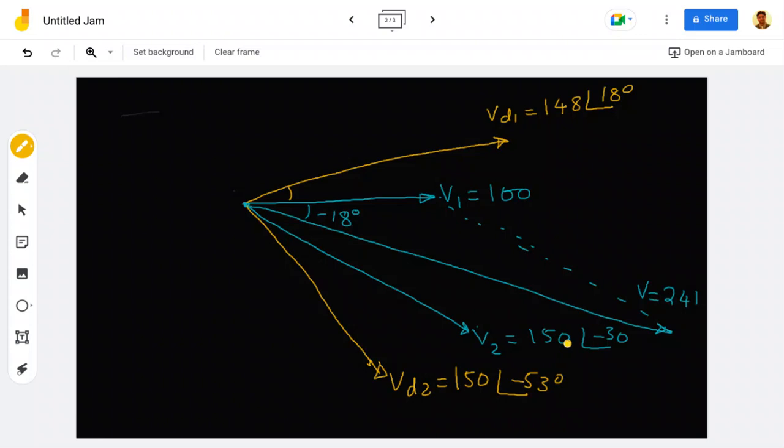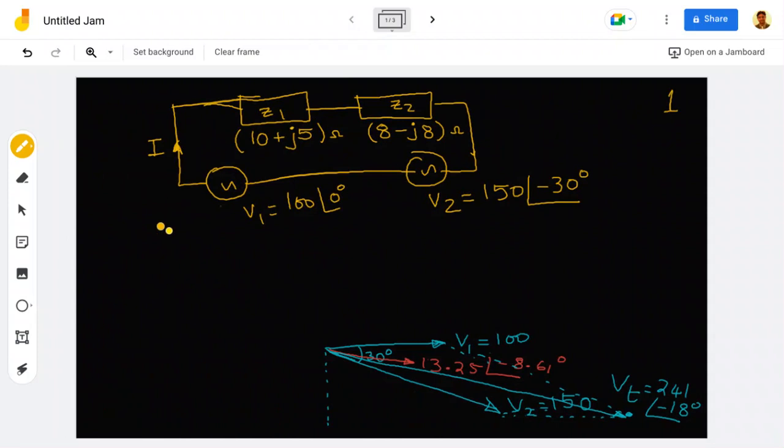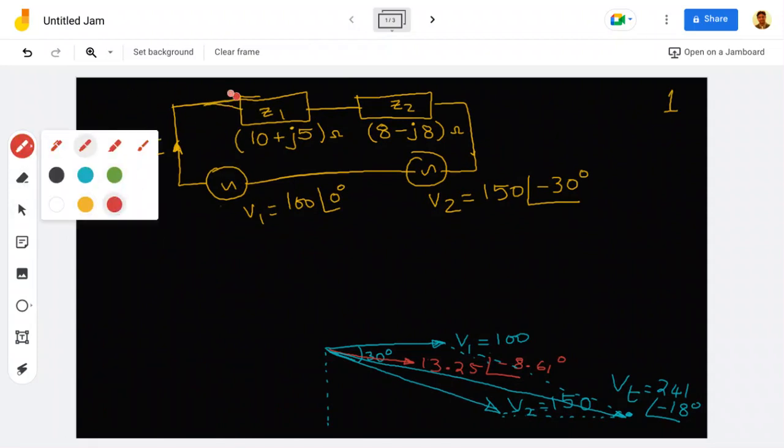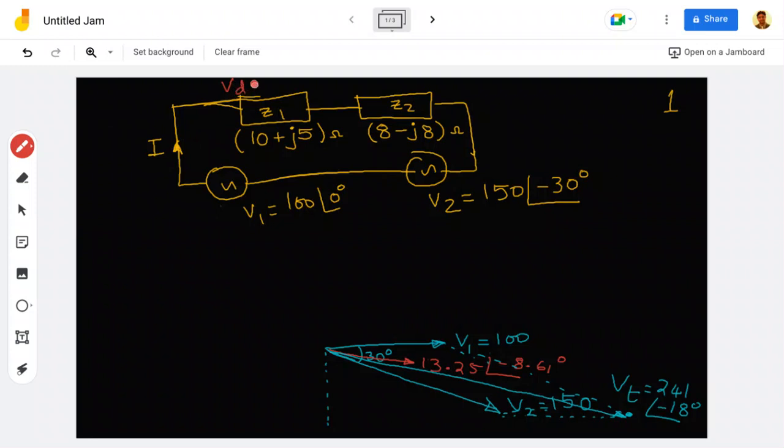Okay. So what is going to be my next statement? So the voltage drop across this is VD1 and the voltage drop across this is VD2. So what's supposed to be VD1 plus VD2? VD1 plus VD2 supposed to be equal to total voltage.